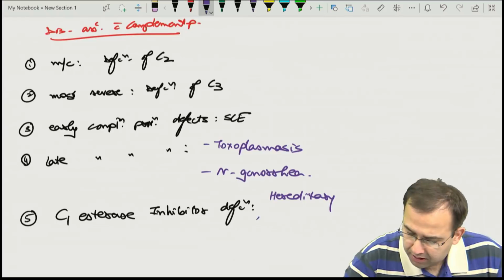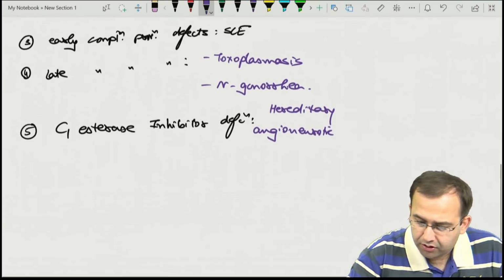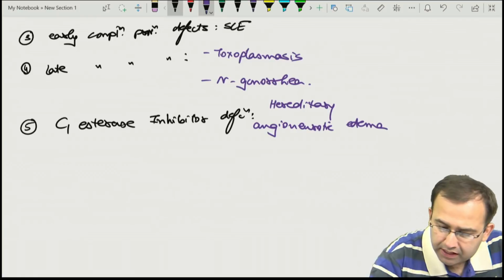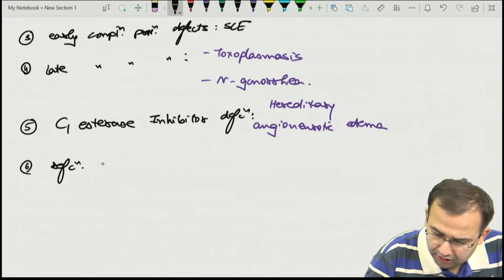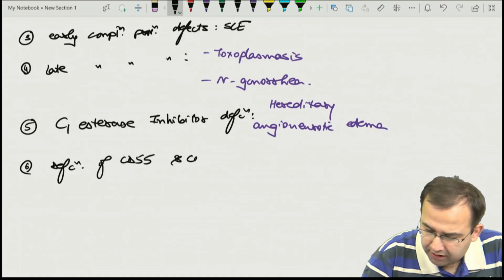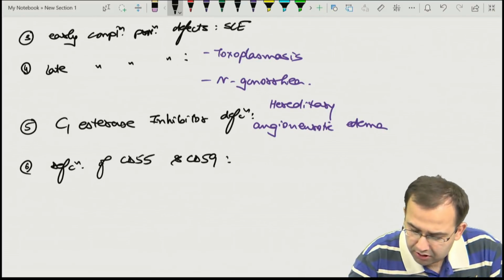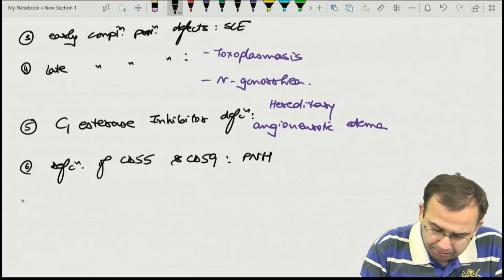Next, deficiency of CD55 and CD59 is associated with which hemolytic anemia? PNH, paroxysmal nocturnal hemoglobinuria.